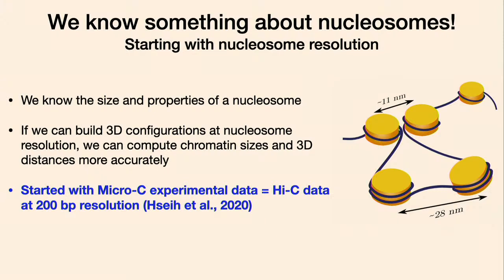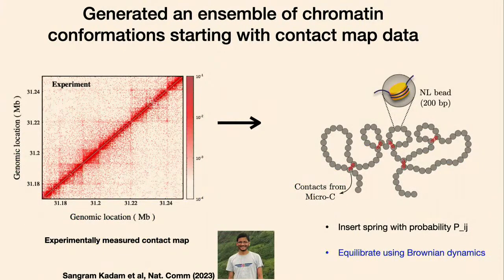There is a very specific experimental data called micro-C data, which uses micrococcal nuclease. That's why it's named micro-C, and it generates a contact map at the resolution of a nucleosome. So this is, for example, data from C et al. Here, this dot represents a nucleosome at 31.22 megabase in contact with another nucleosome at 31.24 megabase.